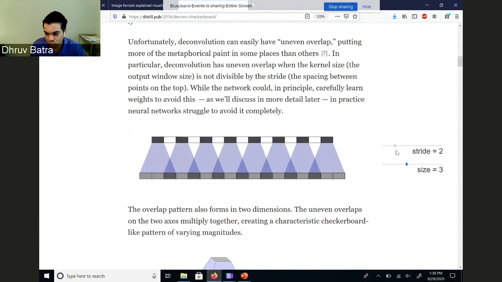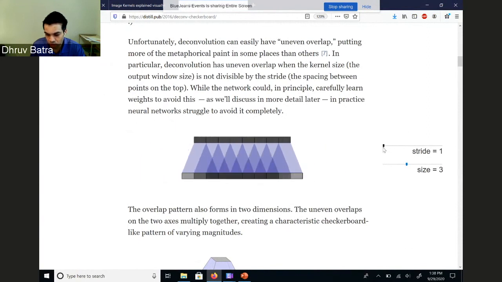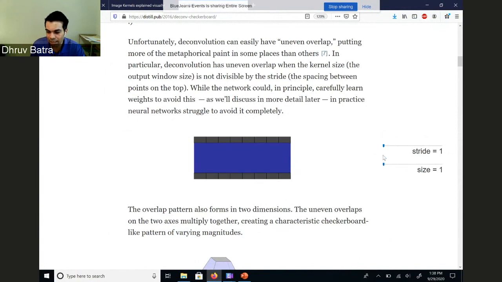If we choose a stride of 1, then we get essentially the same size output, modulo the padding operation that's happening here. If you don't pad, you will get exactly the same output. So if your filter is size 1 and you do a stride of 1, then you're basically getting an identity operation, just like one-by-one convolutions implement an identity operation.